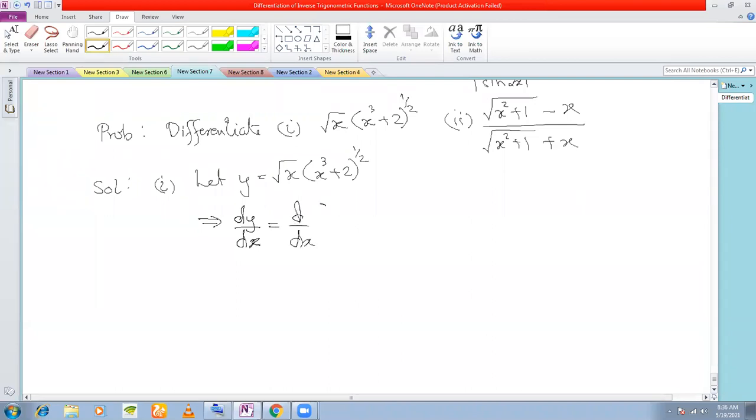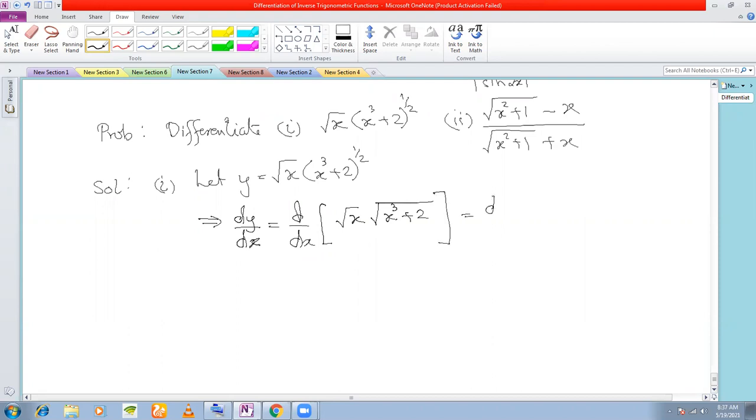d/dx of root x into, now this x cube plus 2 to the power of half is there. So what you do here is x cube plus 2 to the power of half can also be written as root over x cube plus 2.